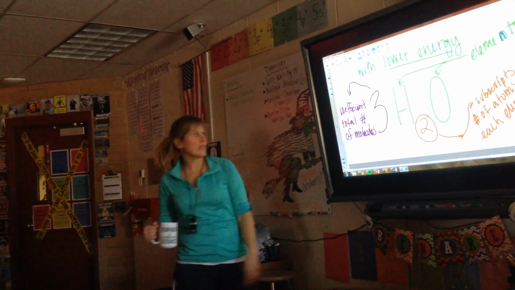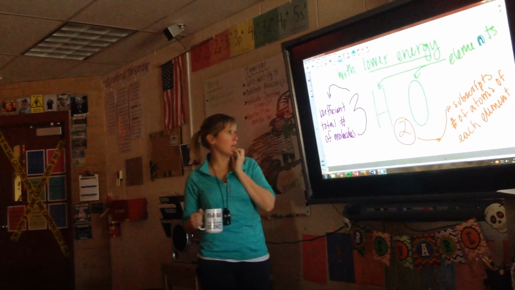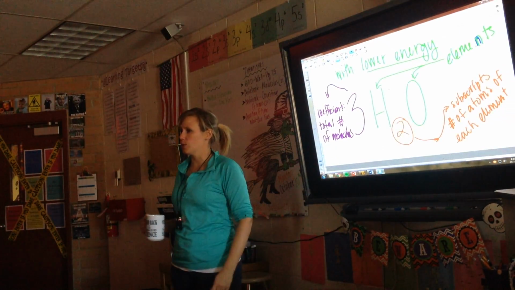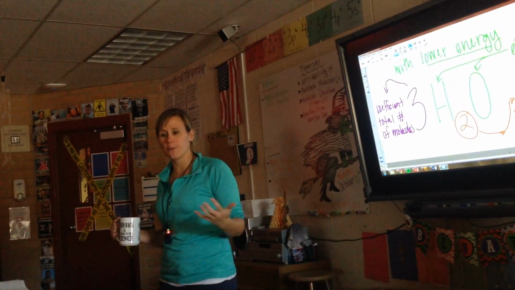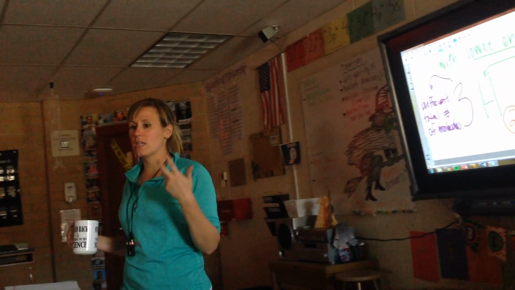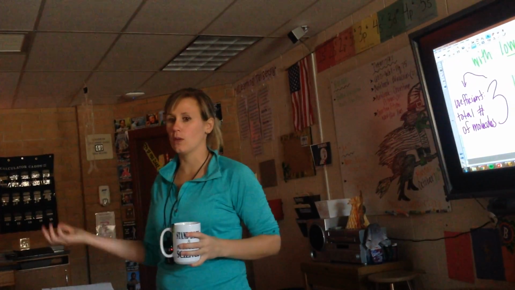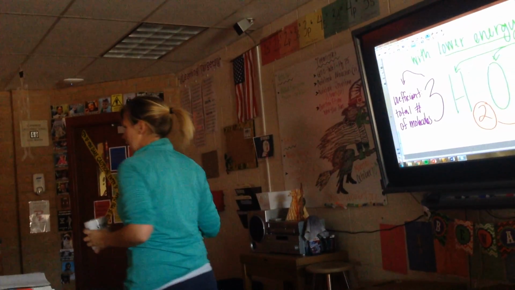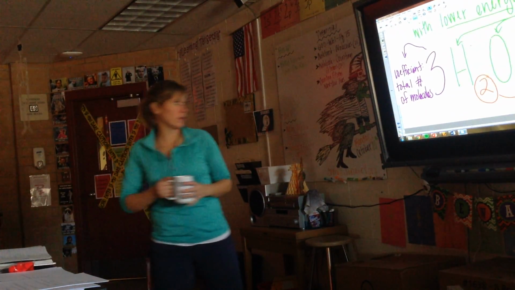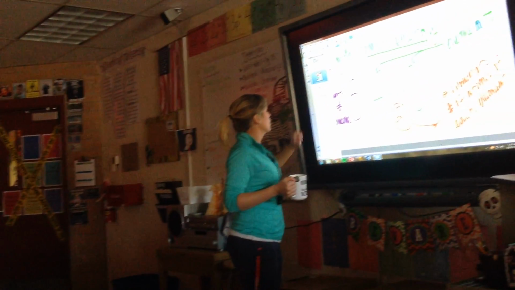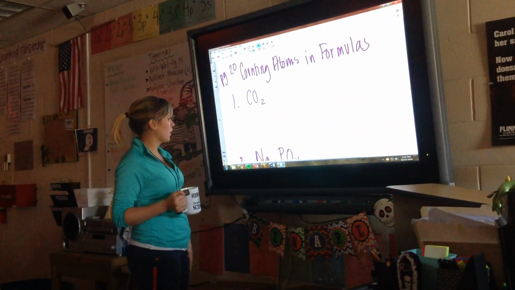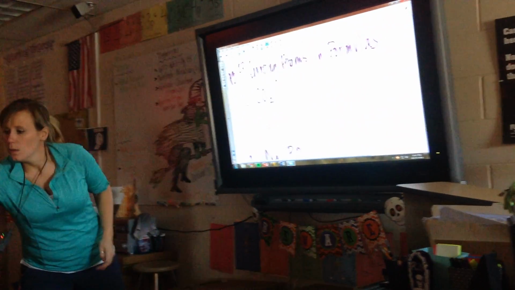Okay? All right, so what we're going to be spending the rest of today looking at is on page 20, we're going to do some examples where I give you some formulas, and you would need to write and tell me what elements are in that molecule and how many atoms of each element are in there. So let's go to page 20. We'll just kind of go through these examples together.